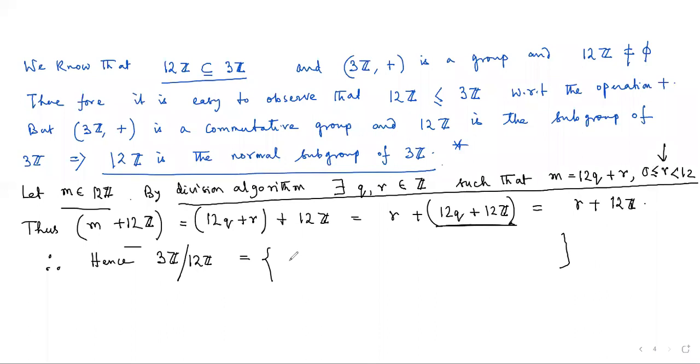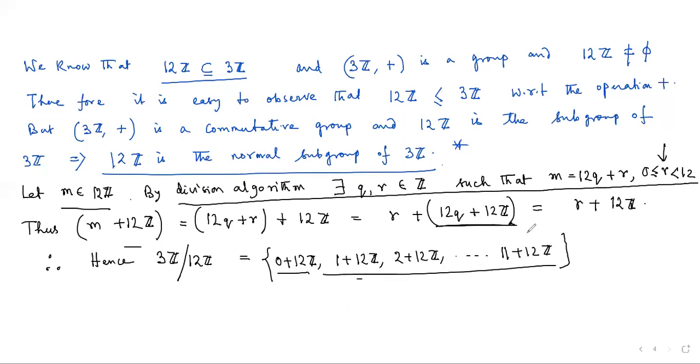So first, in place of R, we put 0, so we write 0 plus 12Z. This is one left coset. The second left coset is 1 plus 12Z, 2 plus 12Z, and in this manner we go up to 11 plus 12Z. That's it. There will be nothing like 12 plus 12Z. So these are the elements of this quotient group.